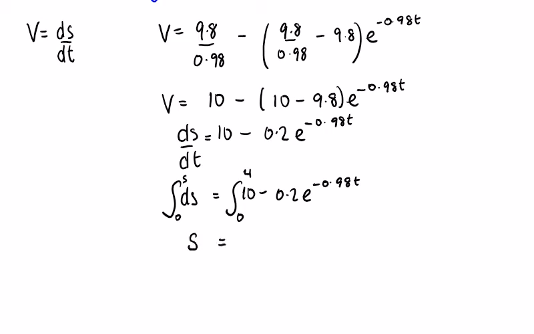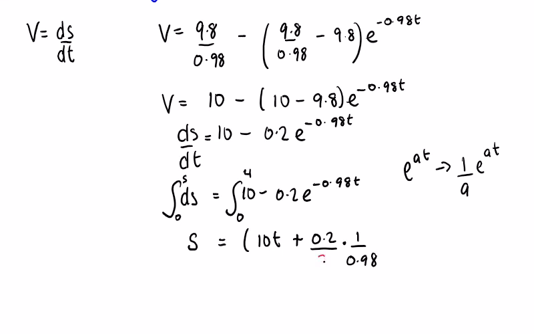Integrating this on the right, e to the power of at goes to 1 over a e to the power of at. So the 10 is going to go to 10t, increase the power, divide by the power, and then we're going to get minus 0.2 by 1 over minus 0.98, so that's going to give us a plus 0.2 times 1 over 0.98, by e to the power of minus 0.98t between 4 and 0.